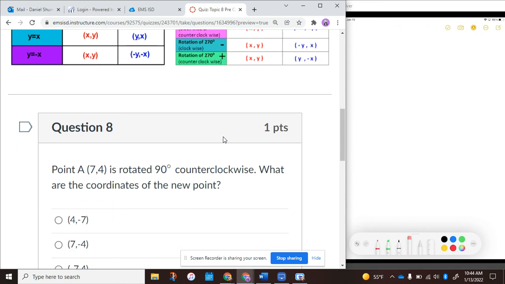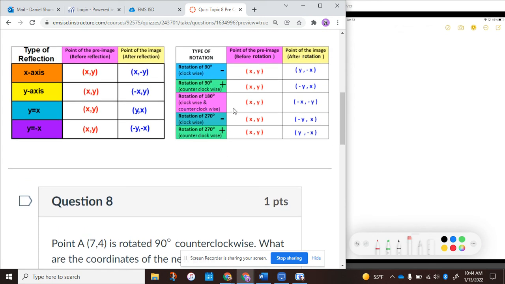We're rotating 90 degrees, and it's asking you for the coordinates of the new point. So we look at our rotation of 90 counterclockwise. Looking at this chart right here, we have our original x and y. Our original x and y turns into the opposite of y and x.